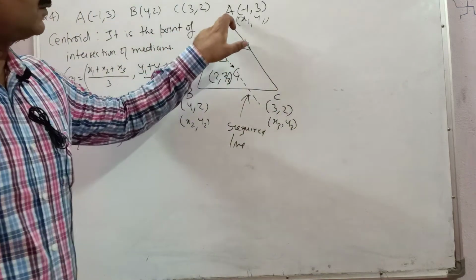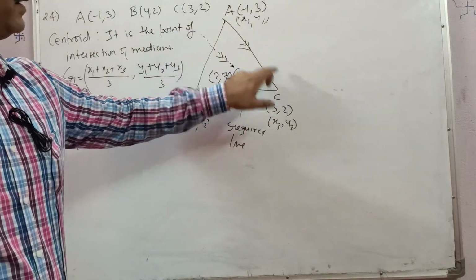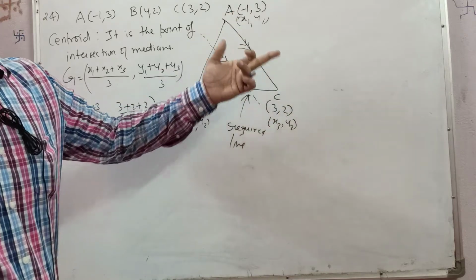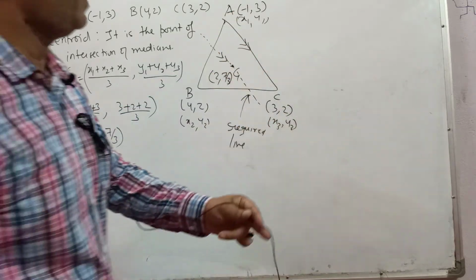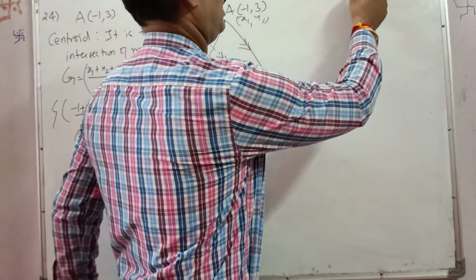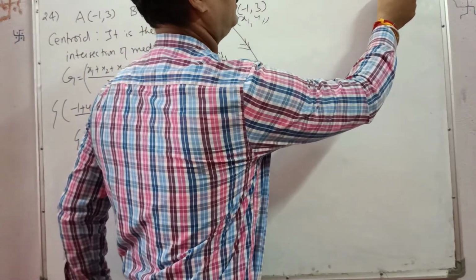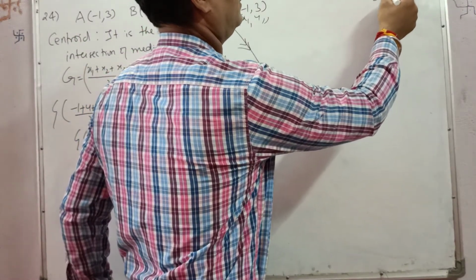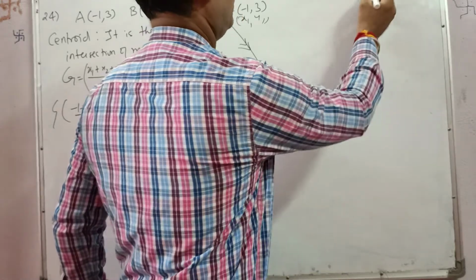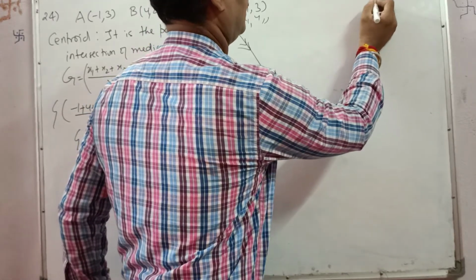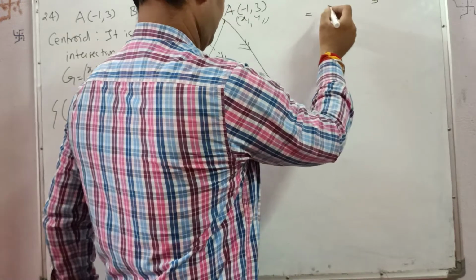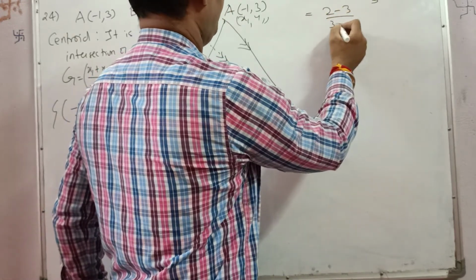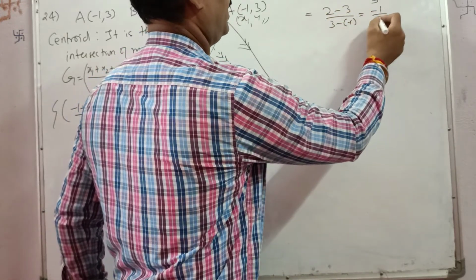Now the slope of AC can be easily found by the two-point form, that is difference of ordinates upon difference of abscissae, y2 minus y1 upon x2 minus x1. Here in this case we will have y3 minus y1 upon x3 minus x1, 2 minus 3 upon 3 minus minus 1, or minus 1 by 4.